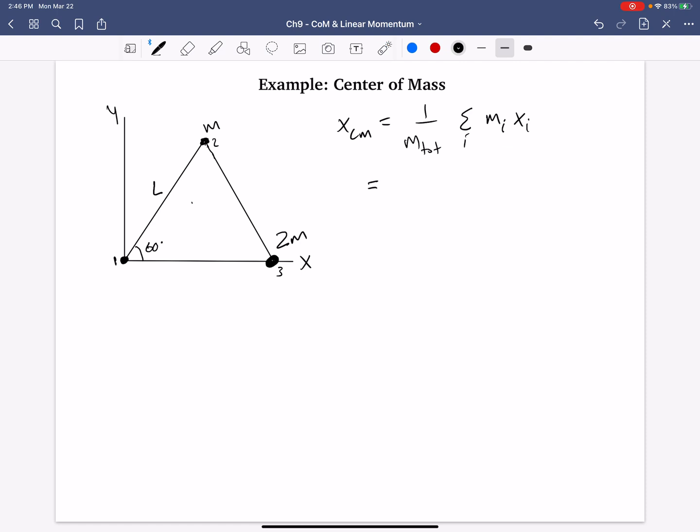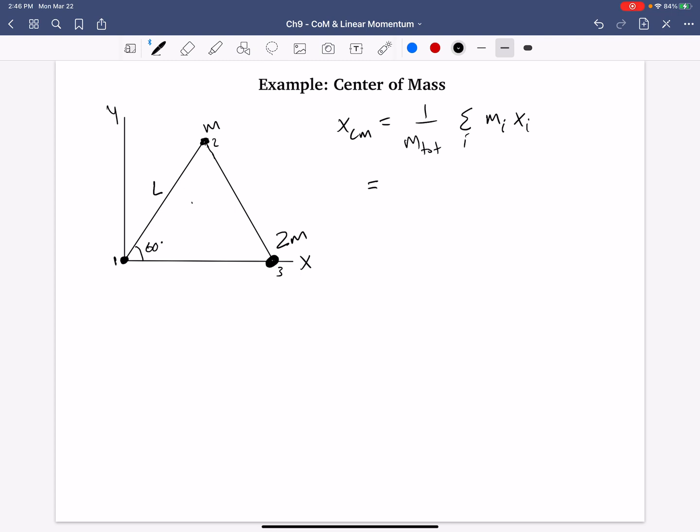Keep in mind that this effectively is an average. If you want to pause the video now and try and guess where the center of mass might be, will it be closer to particle 2 up here, particle 1 down here, or particle 3 over here? If you choose one, try and narrow down as much as possible.